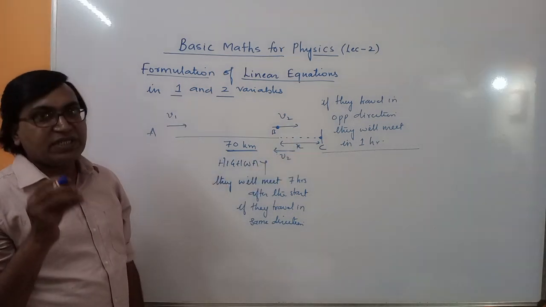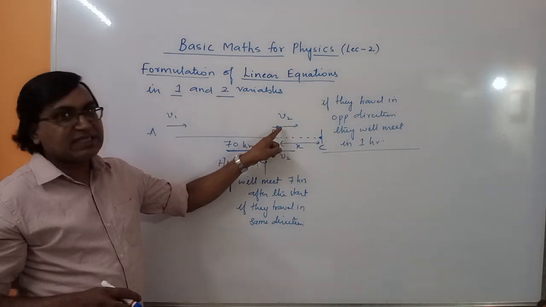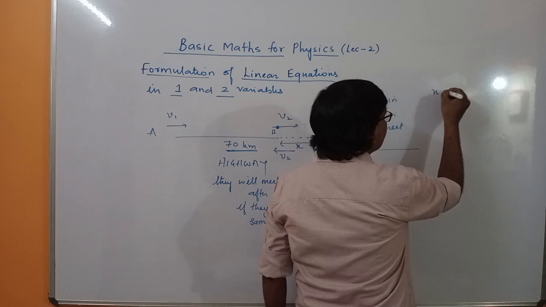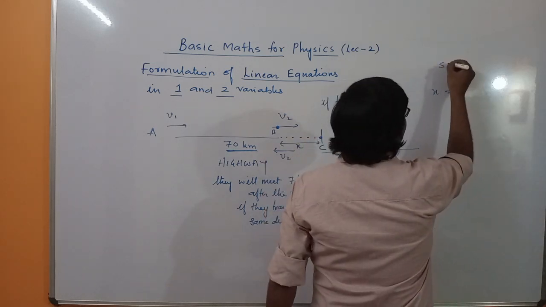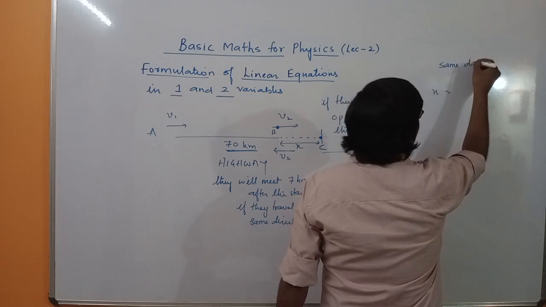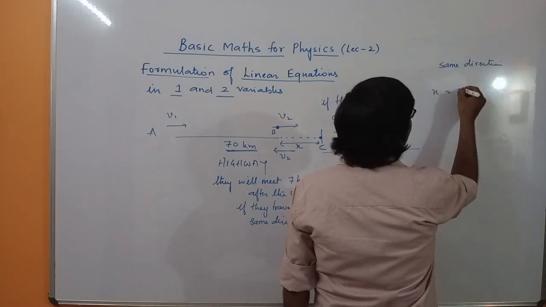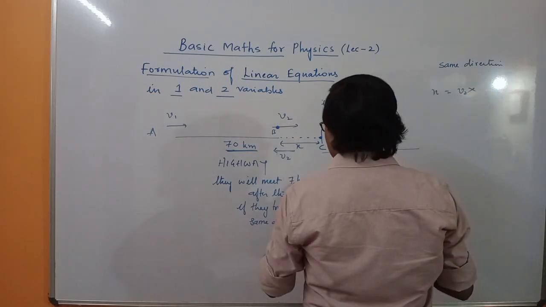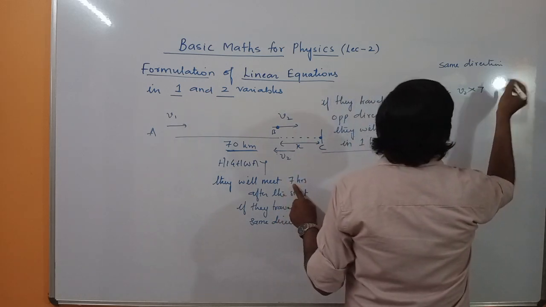So now the distance traveled by the car starting at point B will be x if they move along the same direction. Then x will be equal to velocity v2 into time. How much time are they taking? They are taking 7 hours. So this is one equation.